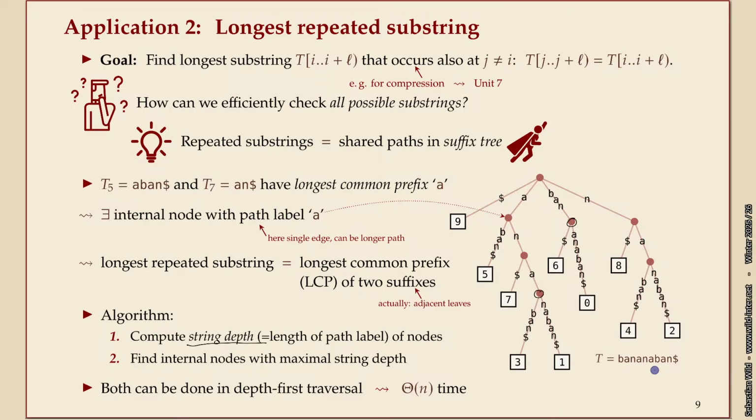And you see that there's a quirk with this definition or with this data structure, in that ana occurs twice, but is an overlapping occurrence. The suffix tree is happy with that, and if you want to not have that kind of recurrence, it's actually a bit harder. But you can, of course, find it out by taking the difference between the leaves. Ban, for example, here is a non-overlapping occurrence.